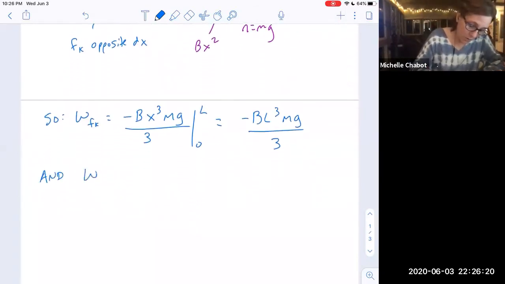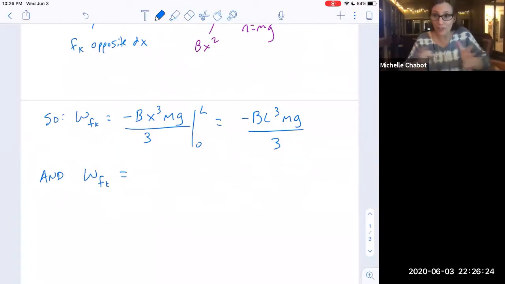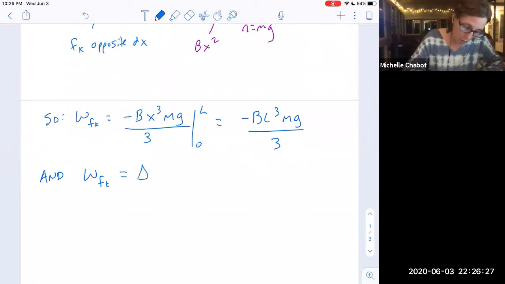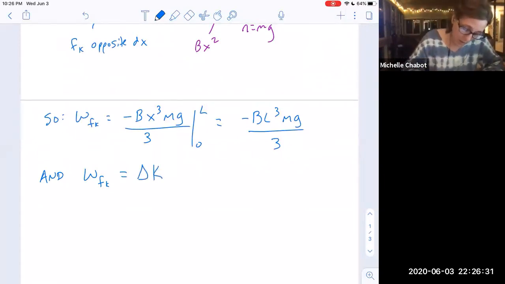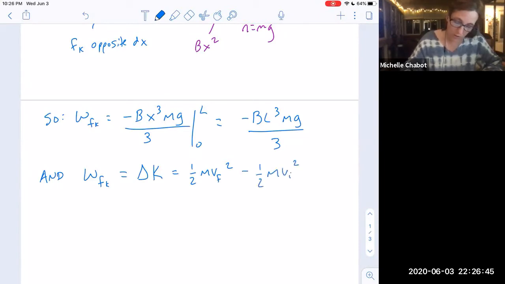because now we know that the work by friction, or the work in general, because this is the only work that's going to be taking energy from the system, will be equal to the change in kinetic energy of this system. That's final minus initial, so 1/2 m v final squared minus 1/2 m v initial squared. So what I can do is just plug this in.